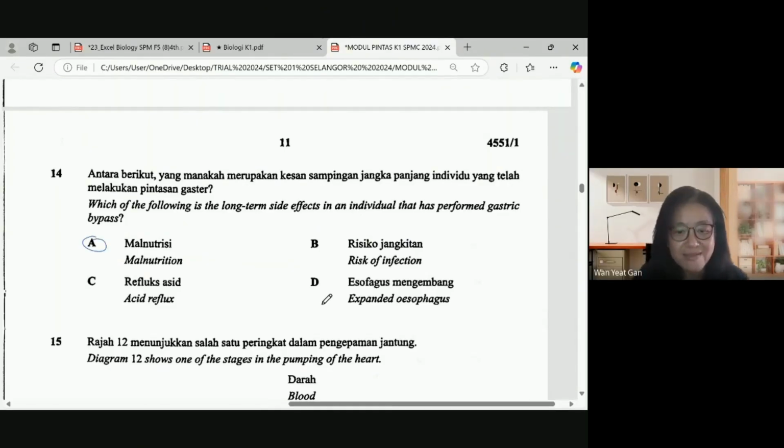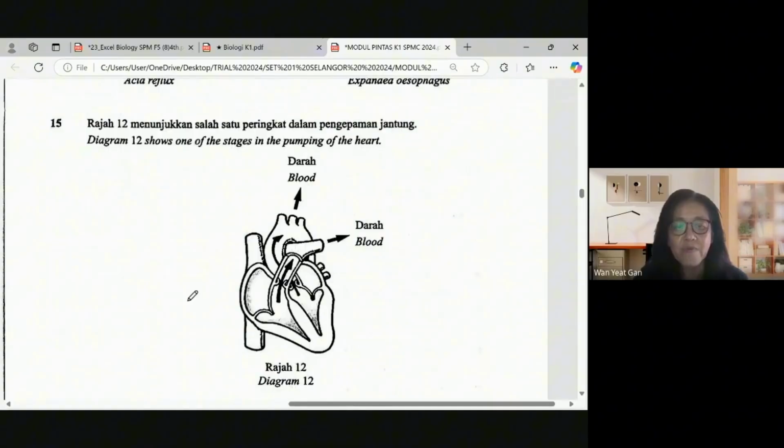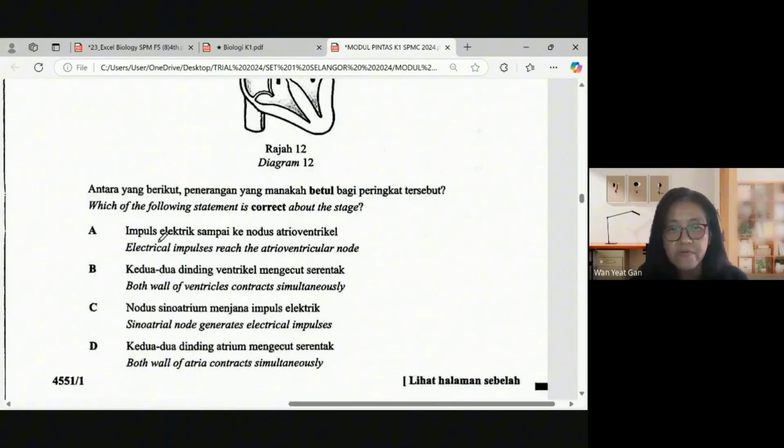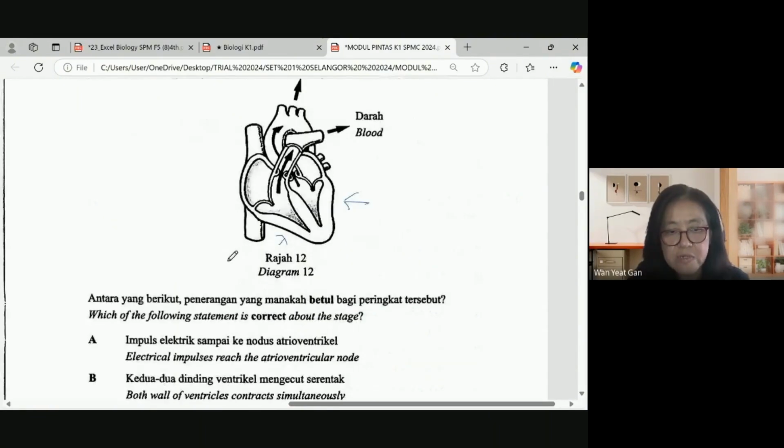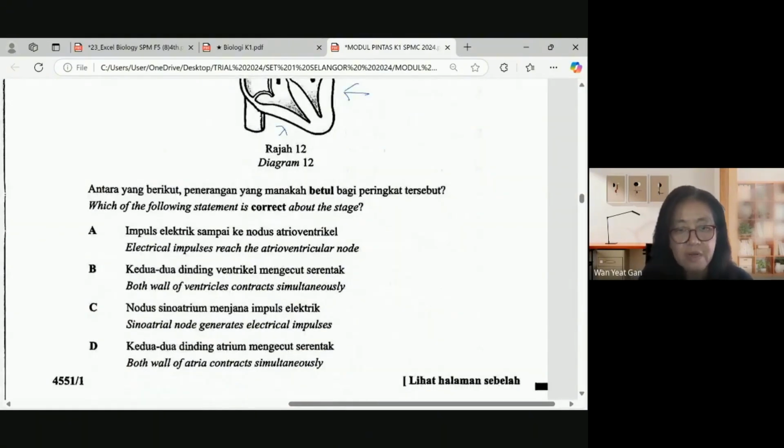Okay, 15. Diagram 12 shows one of the stages in the pumping of the heart. Which of the following statements is correct about the stage? You can see here that the ventricle is contracting. Since the ventricle is contracting, both walls of the ventricle contract simultaneously.